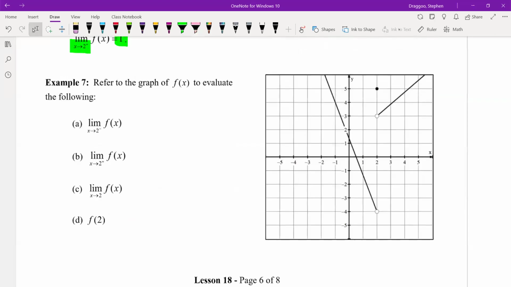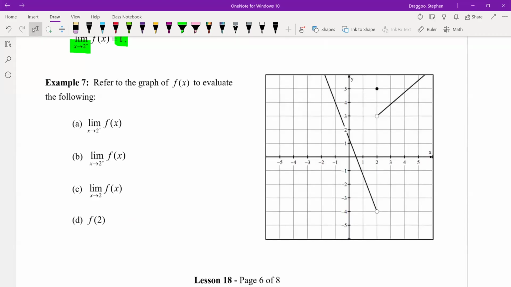To see that in practice, let's try to do 4 things for x equals 2 in this graph. So I want to take a right-sided limit and a left-sided limit, try and resolve that, and then also look at the function value itself.